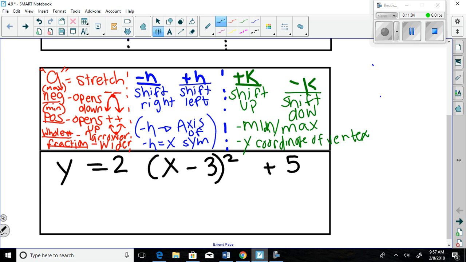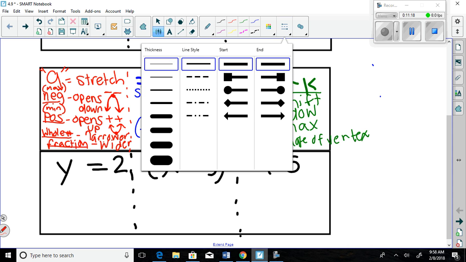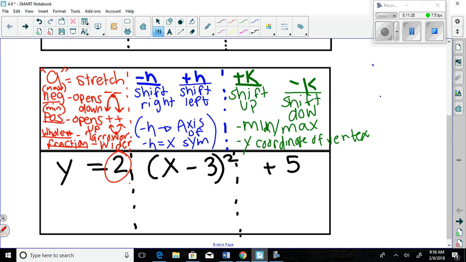All right. So this should still be folded this way or cut. And so let's look at first the 2, right? My A. I'm still going to do it in this color. If it's a whole number, is it going to be wider or narrower?